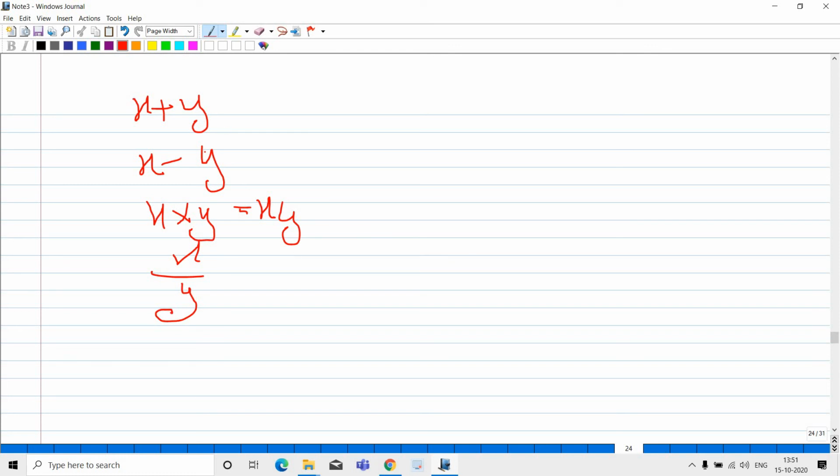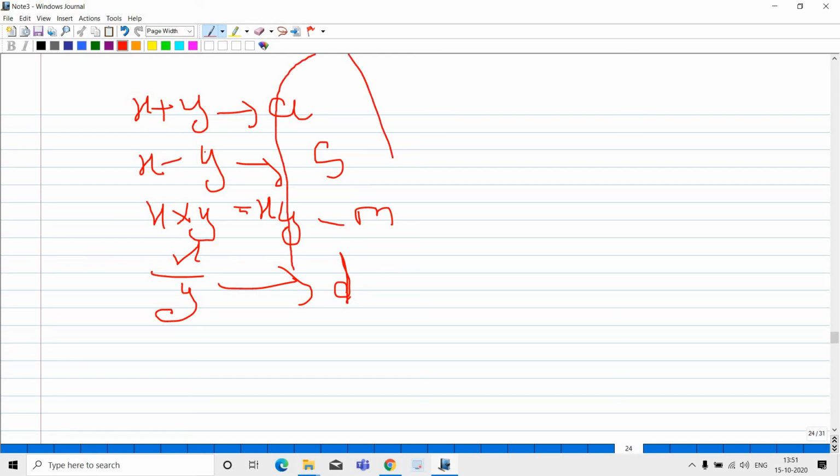So it is addition, and it is subtraction, and it is multiplication, and it is division. These are the 4 mathematical operations in algebra or in maths, anything.